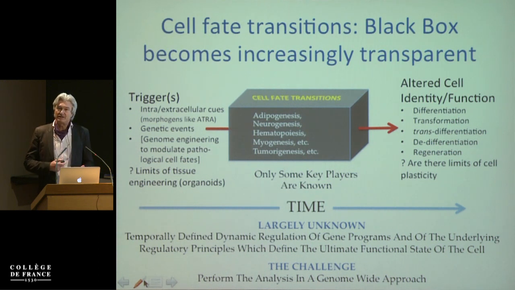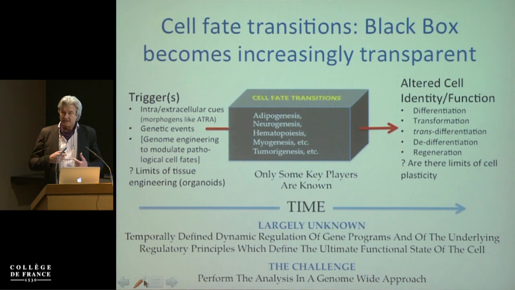The questions which are arising here are, what are the limits of the cell plasticity, and can we use these possibilities, for example, by recent technologies which have been developed for genome engineering? Can we use them to modulate pathology, or even use them to generate engineered tissue, or to understand pathologies which are linked to the organ itself?